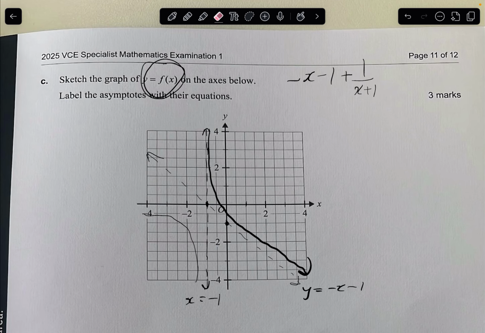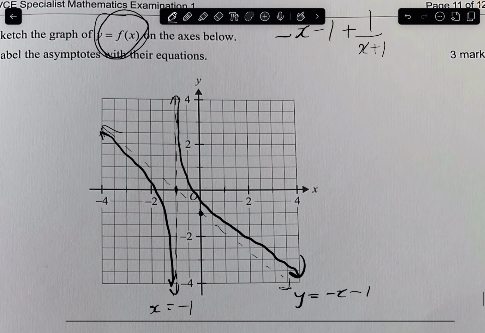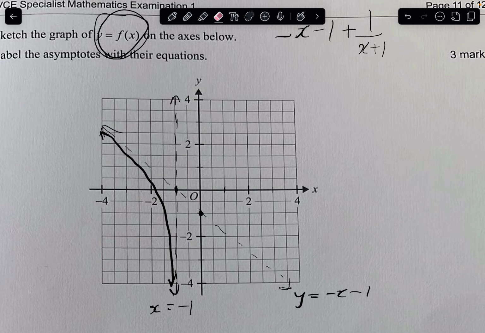And then this one will be like that. But remember that at 1, which is this negative 1.5, there's an open circle, which is 1, negative 3 over 2.